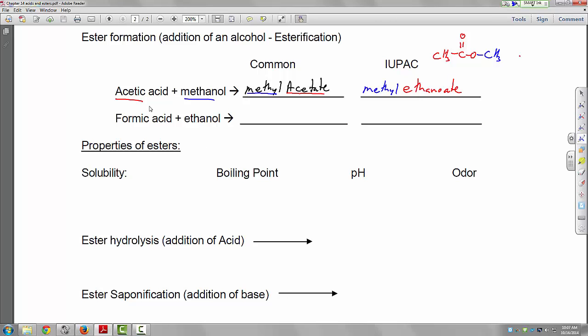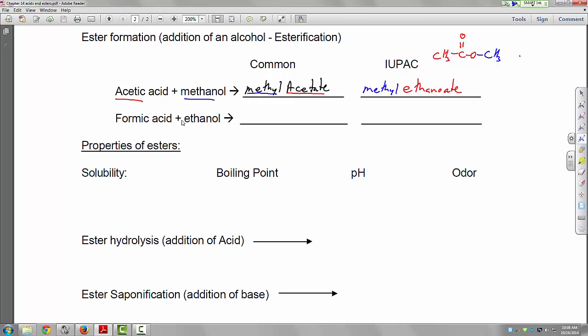Formic acid and ethanol. Oh, by the way, just as when we name salts, we name the cation first. The anion, if you wish, is kind of like this. Now these guys don't ionize like an acid does, but just as we have the ethanoate ion, that comes last, and the alcohol is named first.